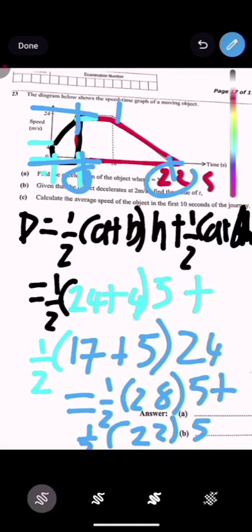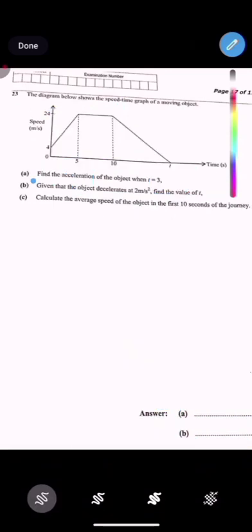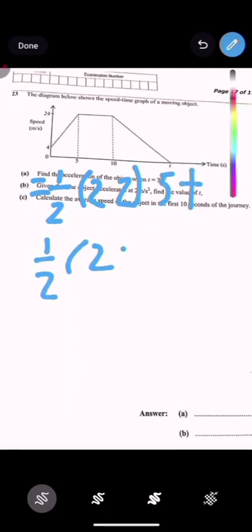So I'm continuing it from here so that you can see all the manipulation. Okay, I see I made a mistake. It's supposed to be 24 here, right? Yeah. So we have half 22, 5, plus half 24.